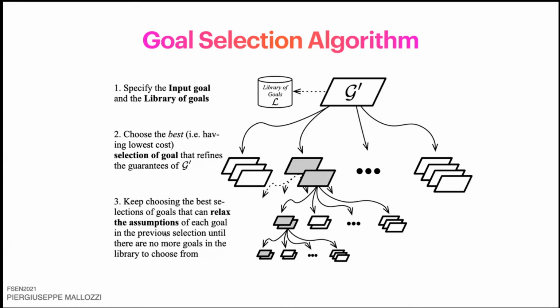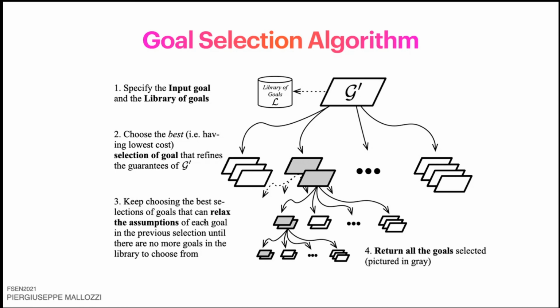So we're relaxing the assumptions more and more, and that's our cost function, until there are no more components to choose from the library. So we're also maximizing the reuse of the components that we already have. And finally, we return all the goals, all the components.